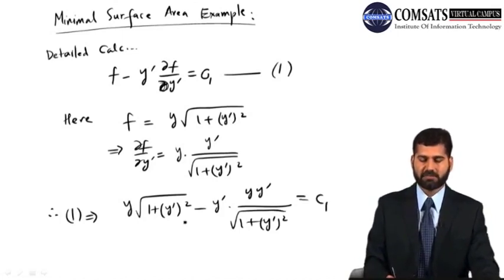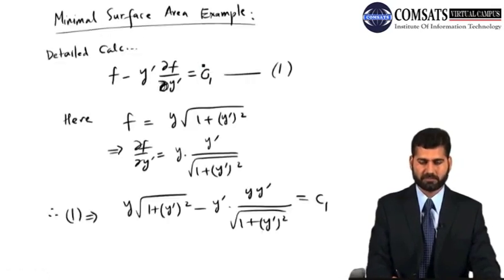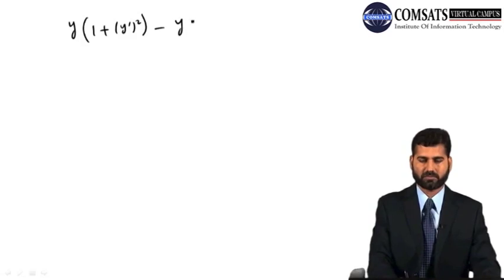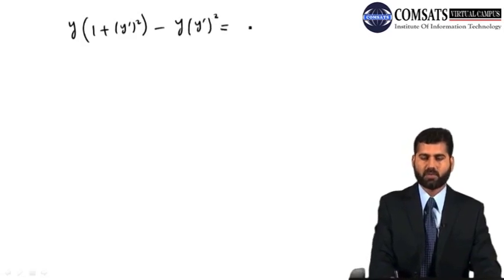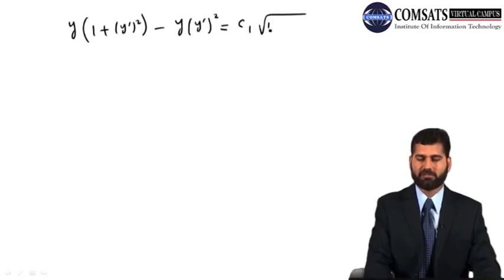All right. Now if I simplify, if I multiply by this square root of 1 plus y prime square, I'll get y times 1 plus y prime square minus y prime square is equal to c1 times square root of 1 plus y prime square.